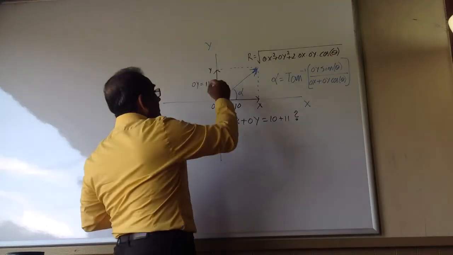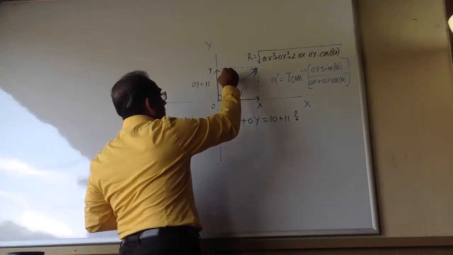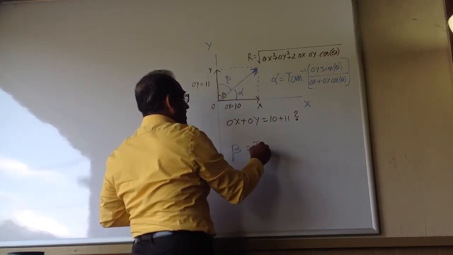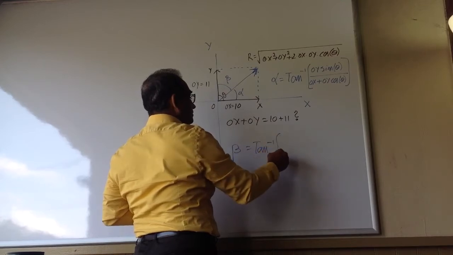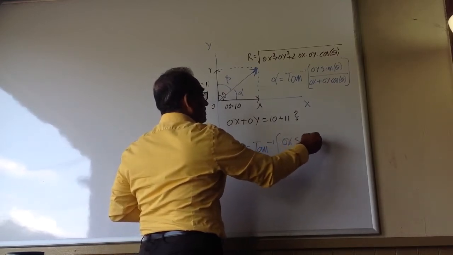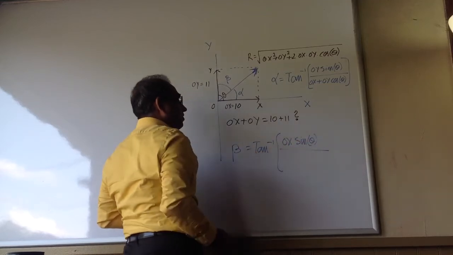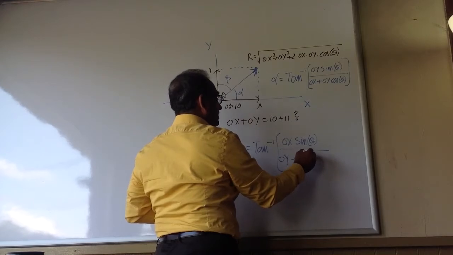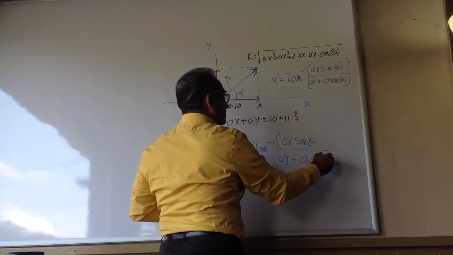And that angle is beta. Then beta is given as tan inverse of OX sine of the angle theta over OY plus OX cosine of the angle theta.